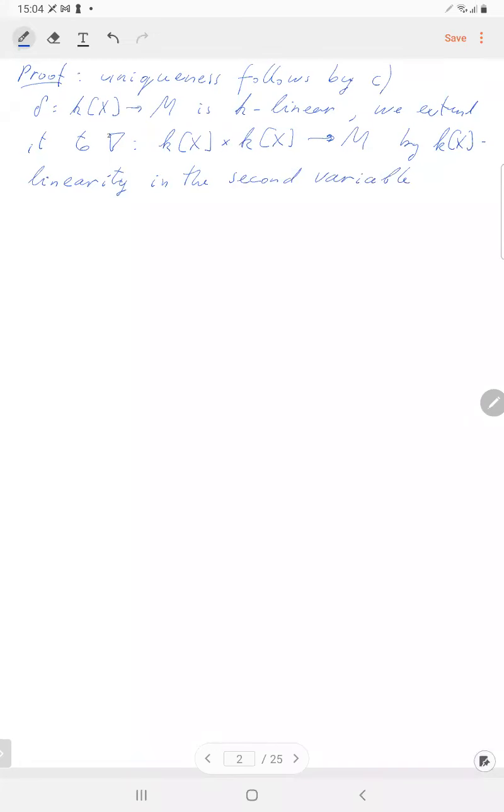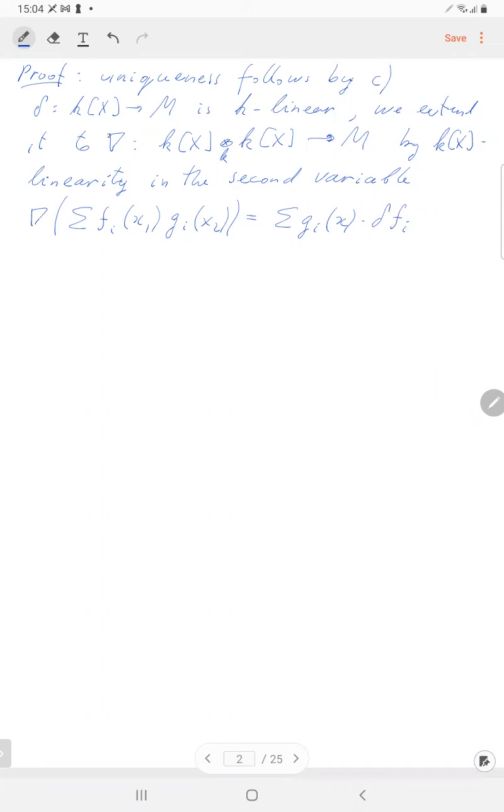And it means that nabla of the sum of f_i(x1) times g_i(x2) is the sum of g_i of x, the second variable, times delta of f_i.